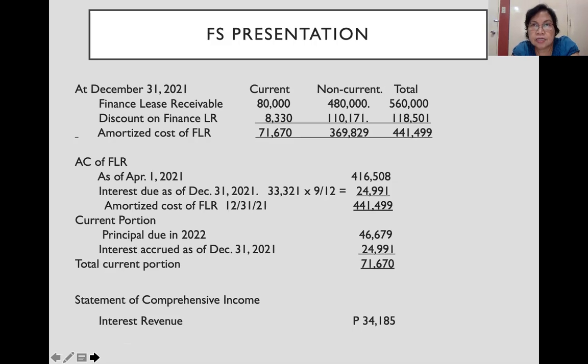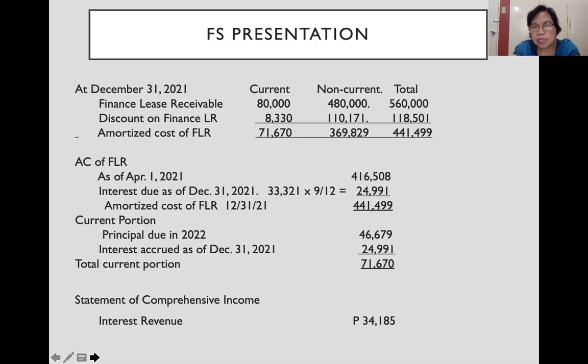Also, if that 80,000 is considered as a bargain purchase option, the bargain purchase option is also included as finance lease receivable at gross, and its present value will likewise be included as part of the net investment or the present value of the lease payment receivable, otherwise known as net investment in lease.